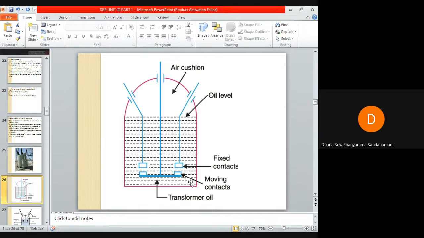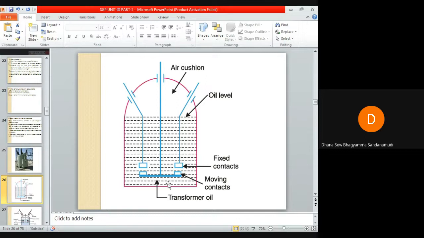Of course it is not fully filled; some oil level will always be maintained, such that the contacts are fully immersed within the oil, and some air cushion must be maintained at the top of the tank. What is the need of the air cushion, we will discuss.